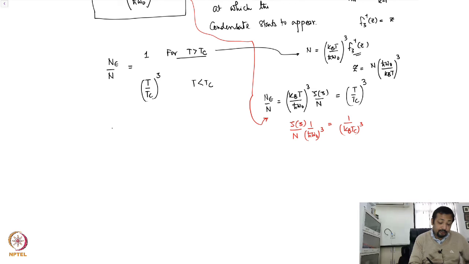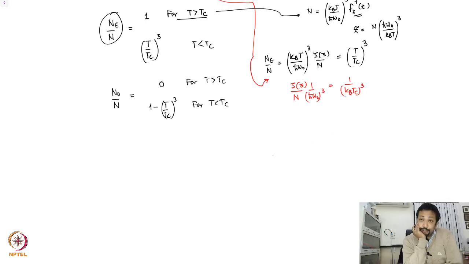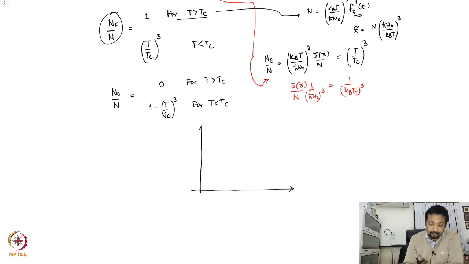For the ground state, N0 over N is going to be 0 for T greater than Tc, and it follows from this expression that it is 1 minus (T over Tc) whole cube for T less than Tc. So one can of course plot this now. As we did for the free particle case, we can plot the fractions N_ε over N and N0 over N as a function of temperature.